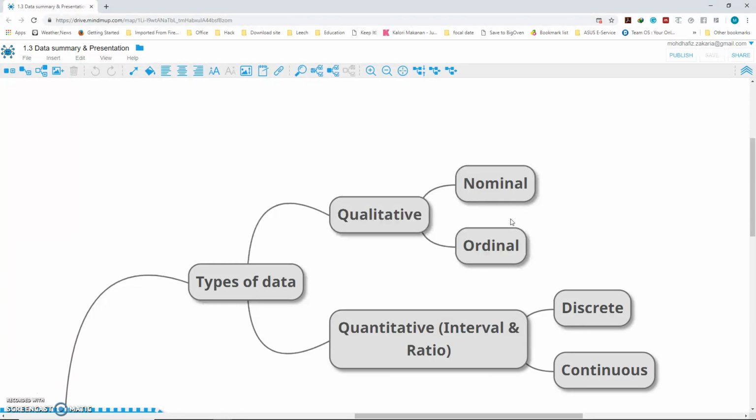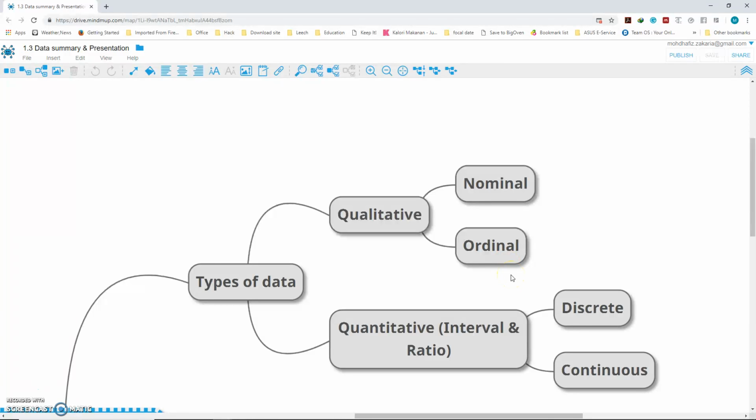What meaningful outcome can you get if you try to find the average of zip code? Right? Nothing. Okay, so that is nominal. Anything that is just being used as a name or ID is nominal.